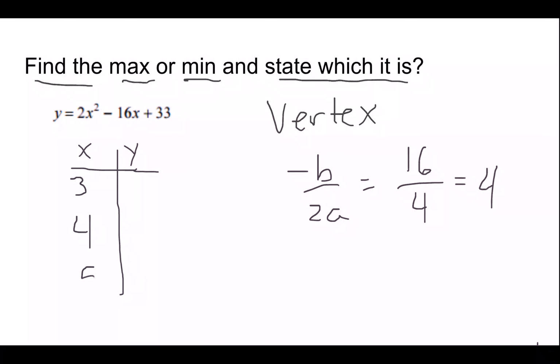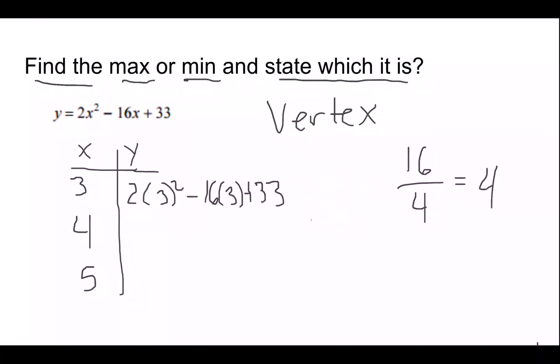Then we're just going to plug all these things in just like last time. So 2 times 3 squared minus 16 times 3 plus 33. And we're going to see what this gives us. This right here just gives us 3. Plug this in, so 2 times 4 squared minus 16 times 4 plus 33.